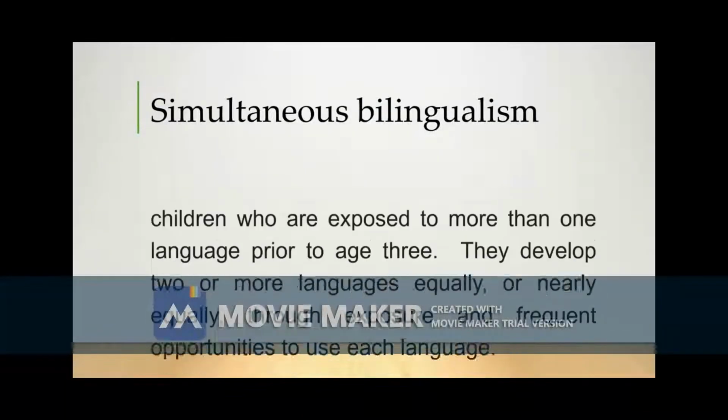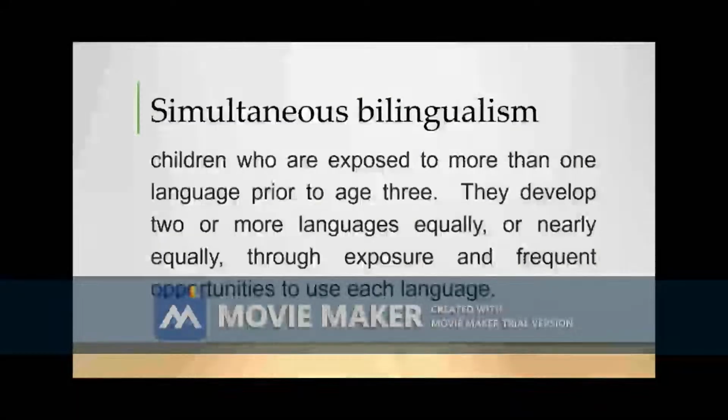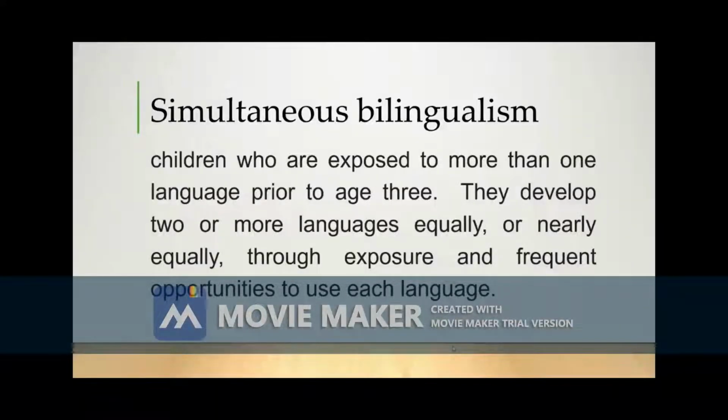Simultaneous bilingualism: children who are exposed to more than one language prior to age 3 develop two or more languages equally or nearly equally through exposure and frequent opportunity to use the language.